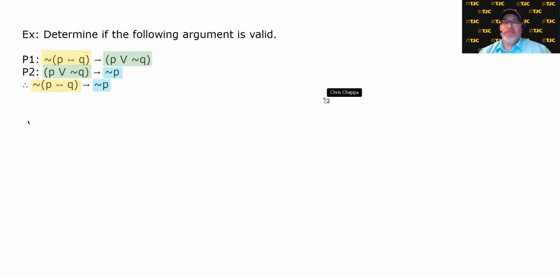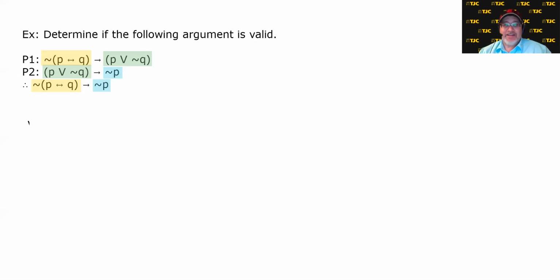This is the law of syllogisms, even though the antecedent and the consequent of our conditionals are very loaded with a bunch of symbols. The beginning of the first premise matches the beginning of the conclusion. The end of the second premise matches the end of the conclusion.